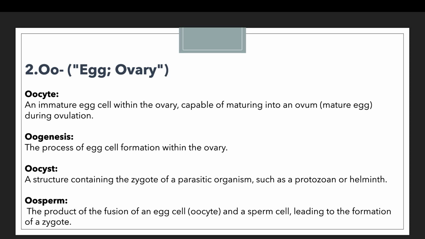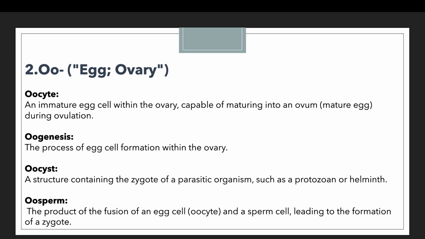Then we have the last example, oosperm, which means the product of fusion of an egg cell, oocyte, and sperm cell, leading to the formation of a zygote.